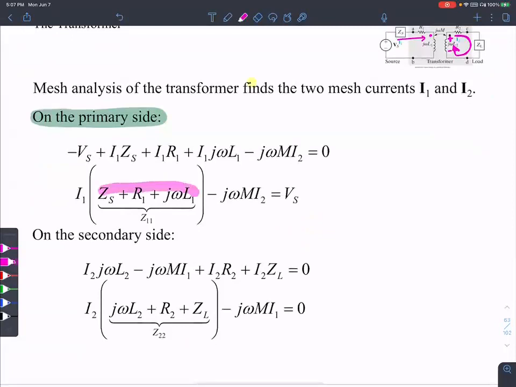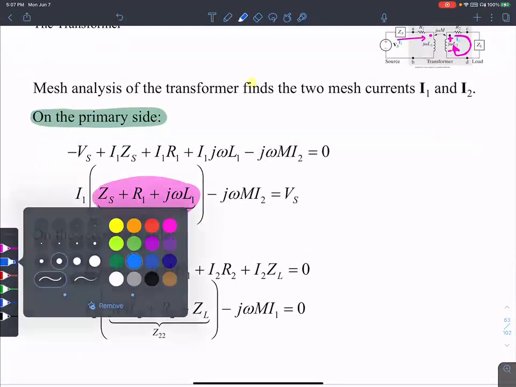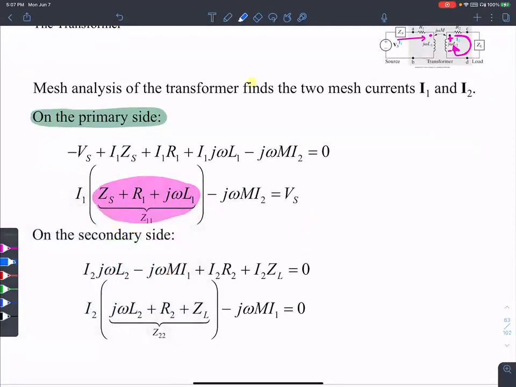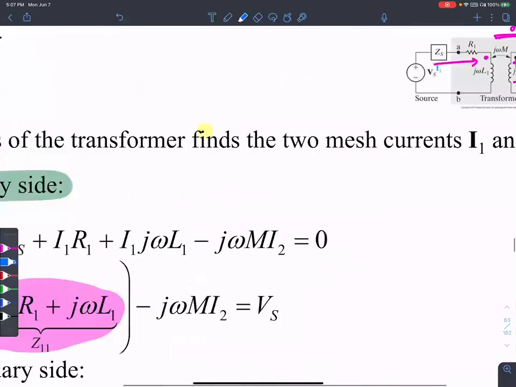Now you can massage the equations to show that there is a Z11 term and a Z22 term, purely intrinsically all the impedances on the right-hand side and all the impedances on the left-hand side.